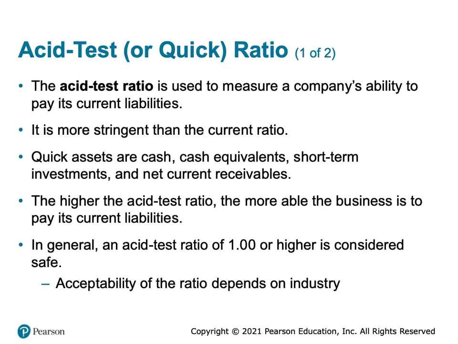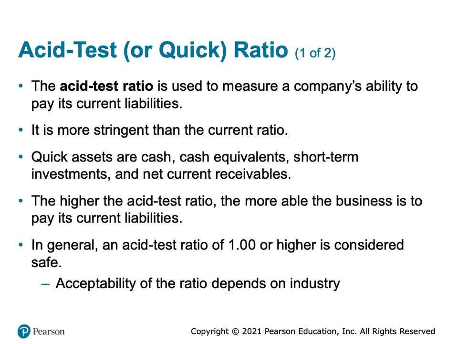The acid test, or quick ratio, is used to measure the company's ability to pay its current liabilities. And so in a previous chapter, we used the current ratio to do something similar, except now the quick ratio is more stringent because we're looking at the ability to pay our liabilities with quick assets, or highly liquid assets.